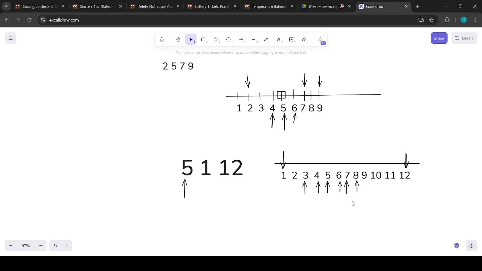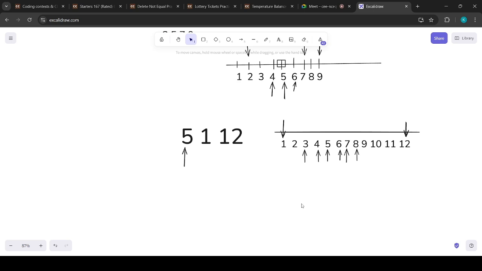So if we want to find how many numbers there are such that, if the number occurs, Chef will win the lottery, we can say there are three conditions.